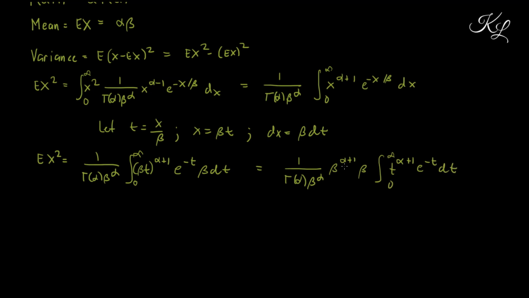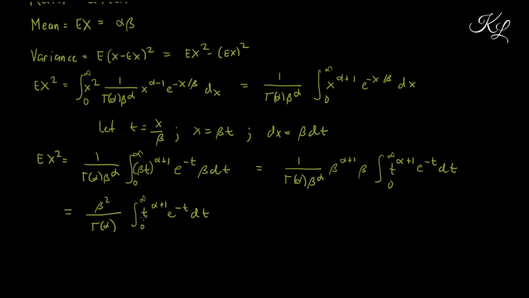Now for beta, raised to alpha plus 1 plus 1, which is alpha plus 2, then minus alpha is 2, so we'll have beta raised to 2. Let's rewrite it in here: beta raised to 2 over gamma of alpha, then the integral of t raised to alpha plus 1, e raised to negative t, dt, 0 to infinity.